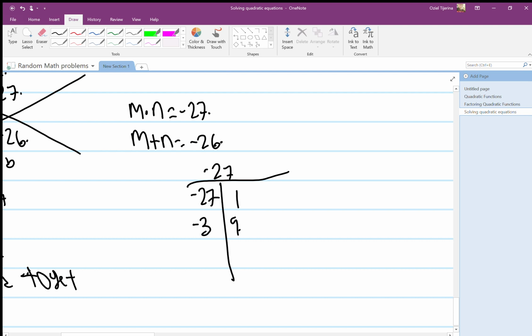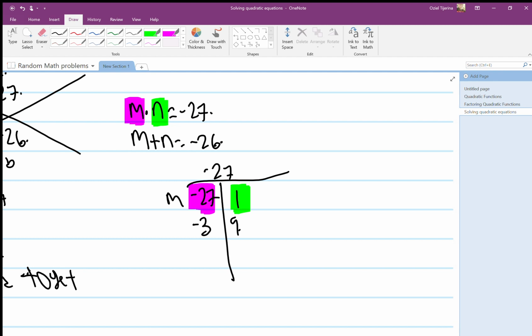So looking at this, this can be our m term, and then this over here can be our n term, okay?